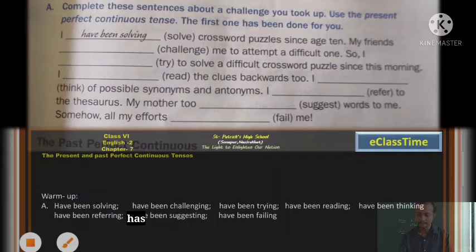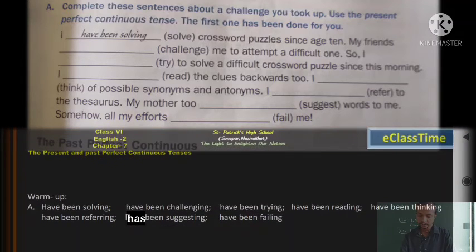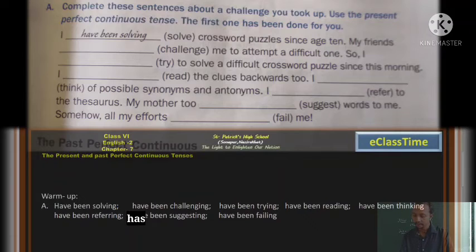So I, with I again have will come. I have been trying to solve a difficult crossword puzzle since this morning. Next again I is there, and with I we know have comes, so I have been reading the clues backward. Again I have been thinking of possible synonyms and antonyms.